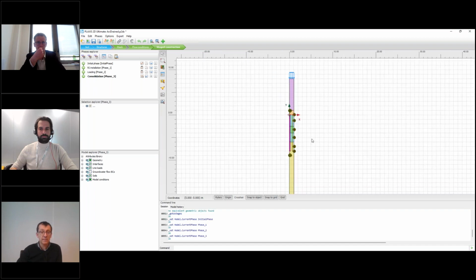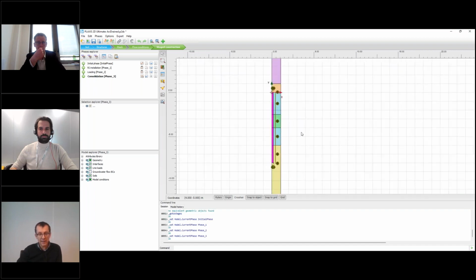The reason for that is that most of the time the rigid inclusion is going through relatively low permeable material, which is the case here. We have a layer of peat. So the question of whether we should be looking into short-term undrained results or long-term drained results is always on the table.